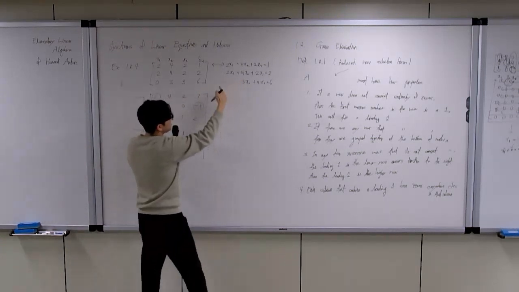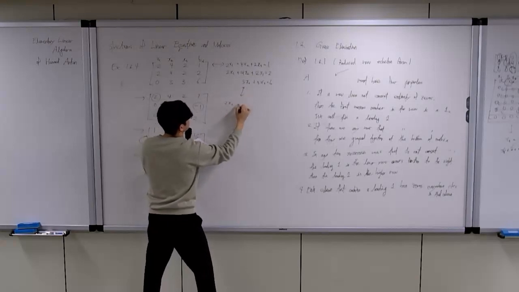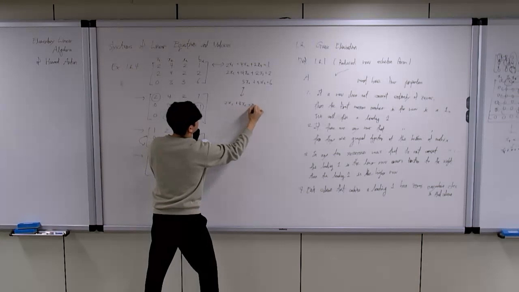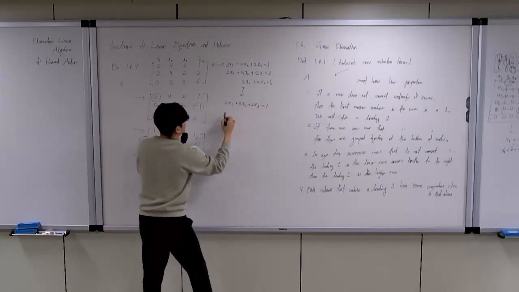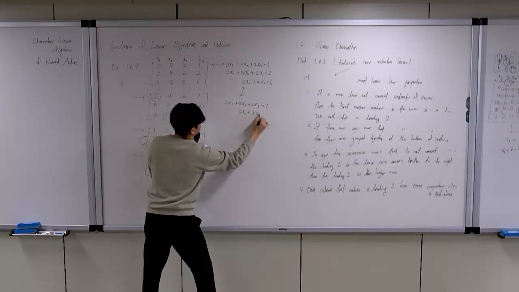If we see this equation, 3x2 plus 3x3 equals 6.